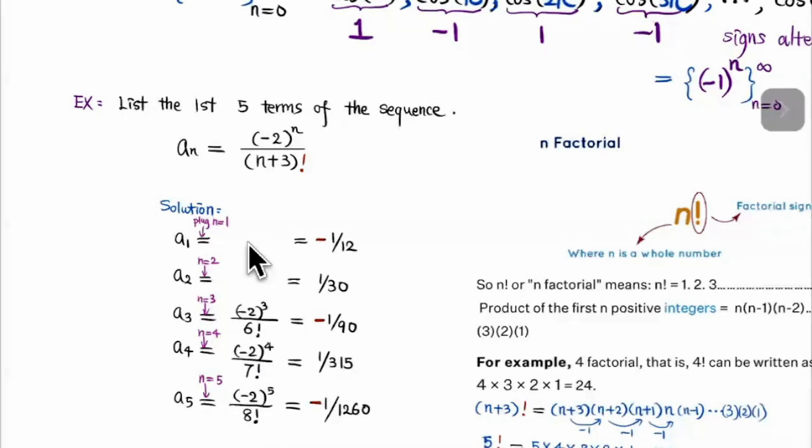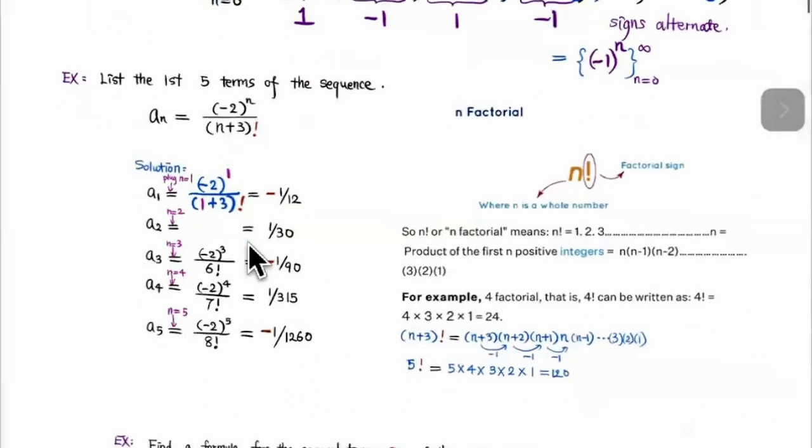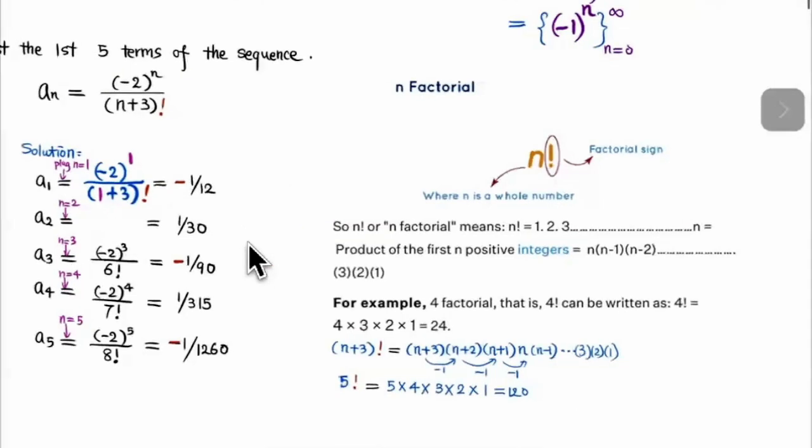Let's just write it out: -2 to the first power over 1 plus 3 factorial. Now, for some of you, this might be the first time you see a factorial.